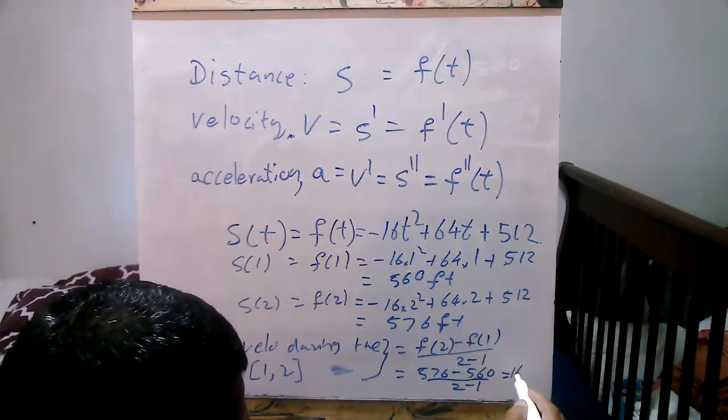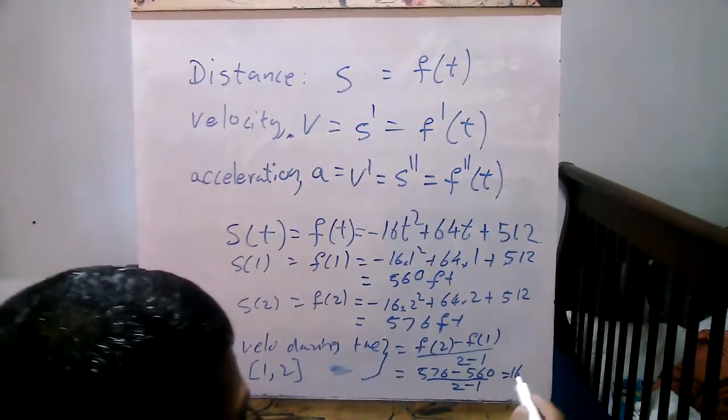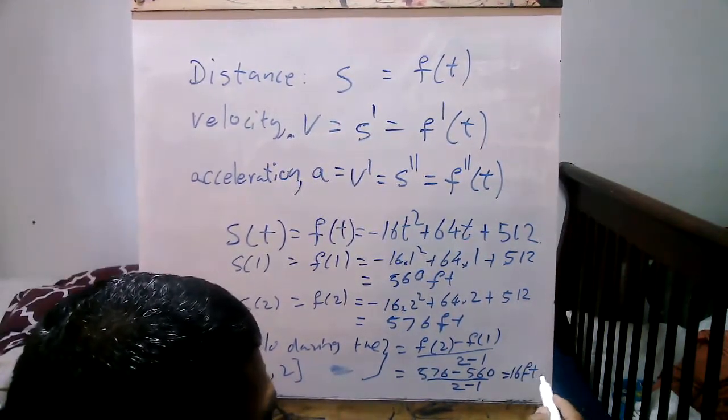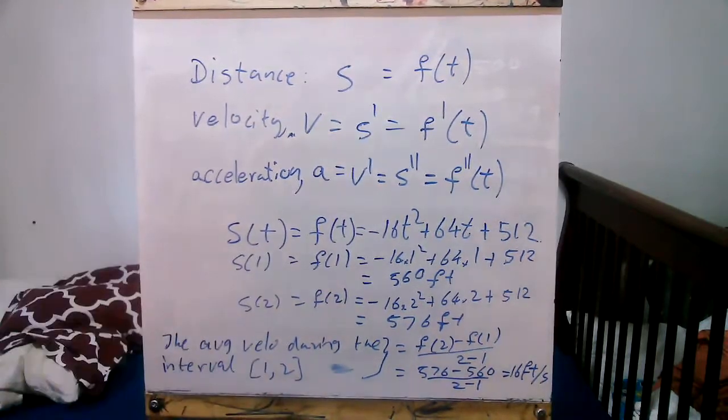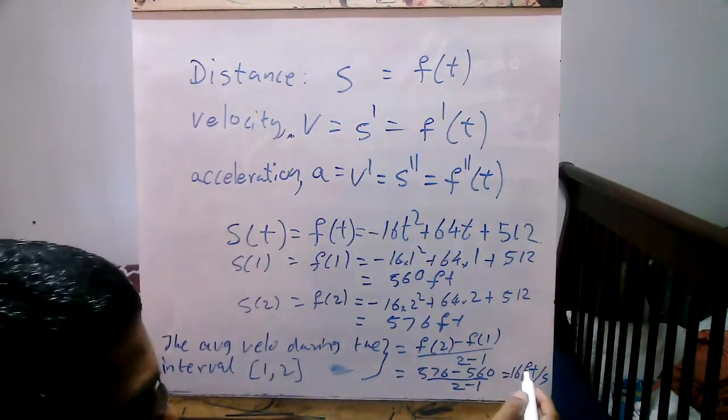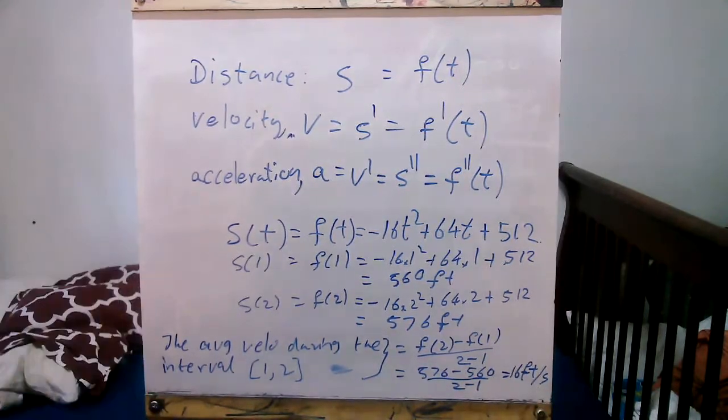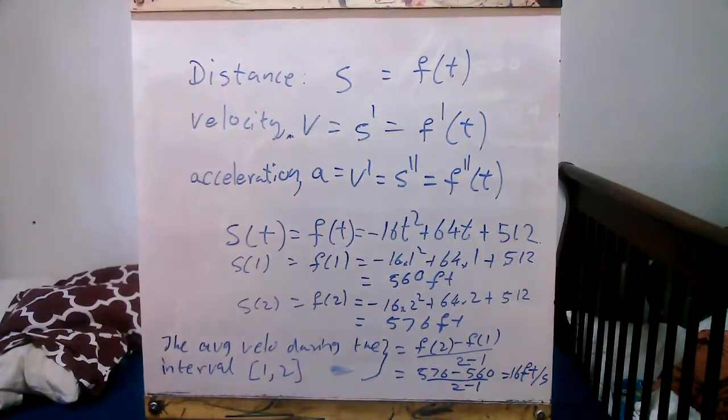That is 16 feet per second. Feet per second. Right. The average velocity.